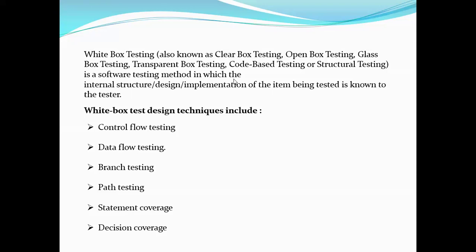But everyone knows, right, who knows the code and who knows the logic? The development team, right? So white box testing is always done by developers. And they also follow some techniques: control flow testing, data flow testing, branch testing, path testing, statement coverage, and decision coverage. So all this will be taken care of by your developers.